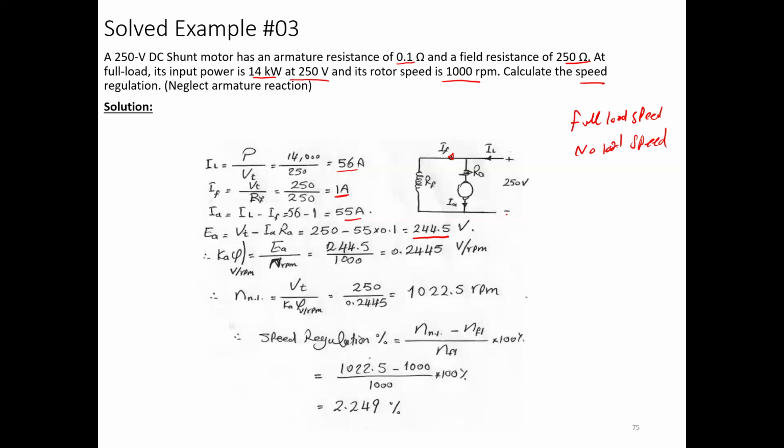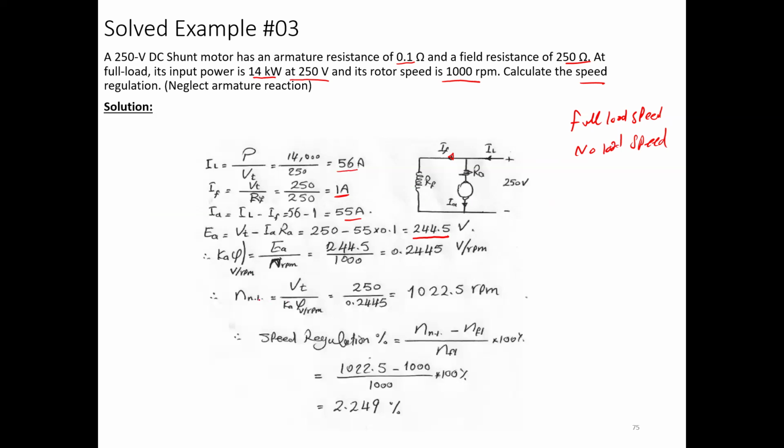How can we get the value of KFI? Simply, KFI is E divided by N. Here we calculate E divided by N, not divided by omega. You can calculate the KFI together, the flux multiplied by Ka, since you will not make any field control.